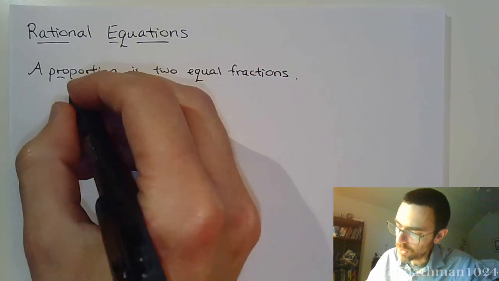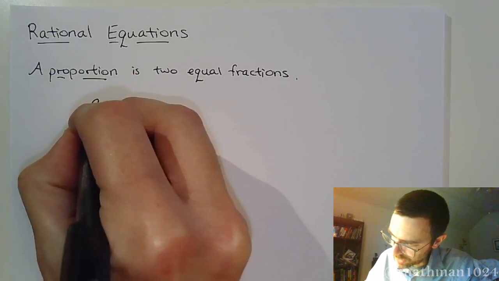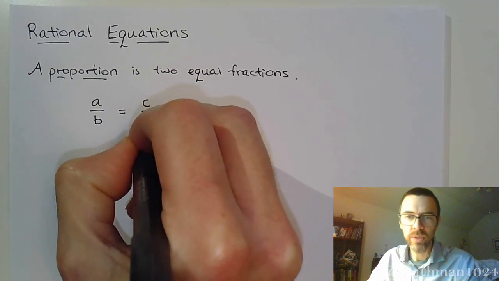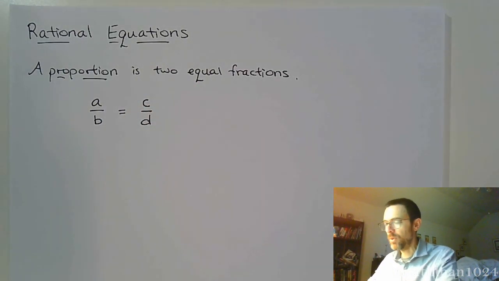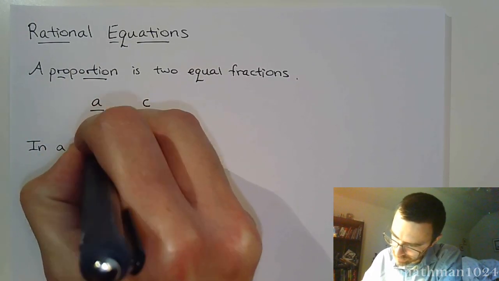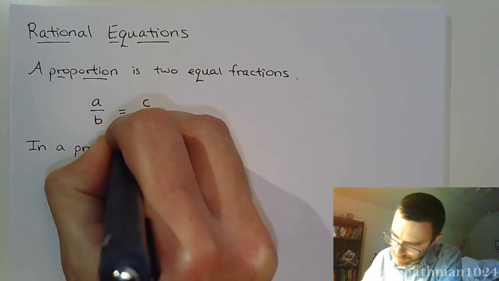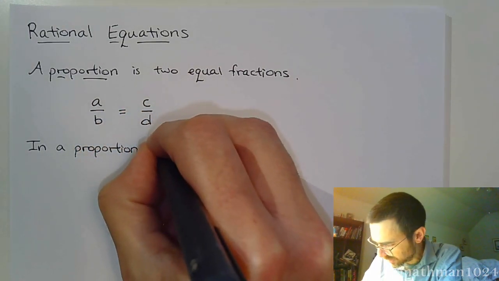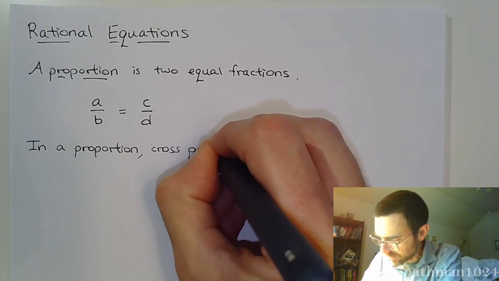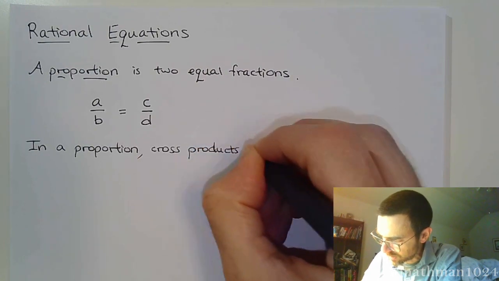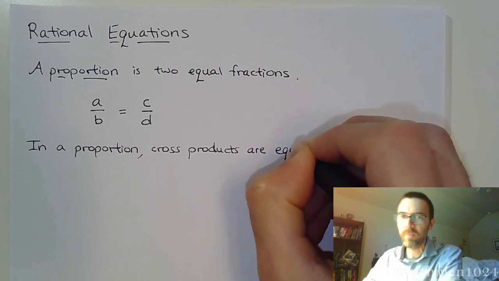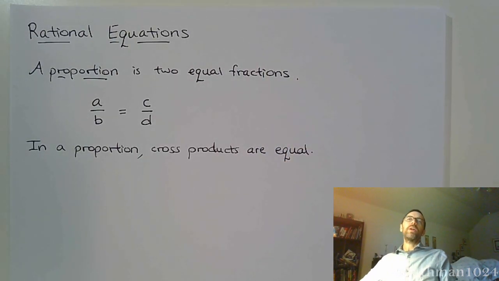A proportion looks like this: A over B is equal to C over D. And in a proportion, the cross products are equal. In a proportion, the cross products are equal.